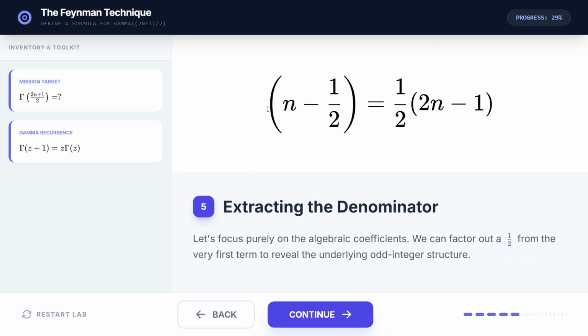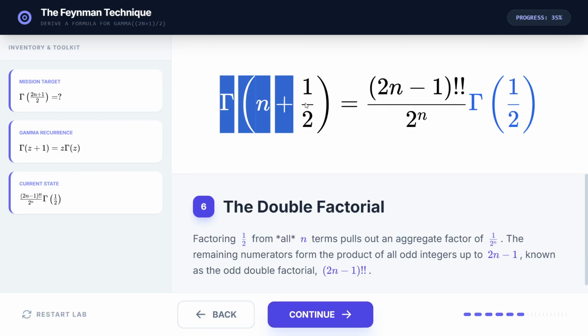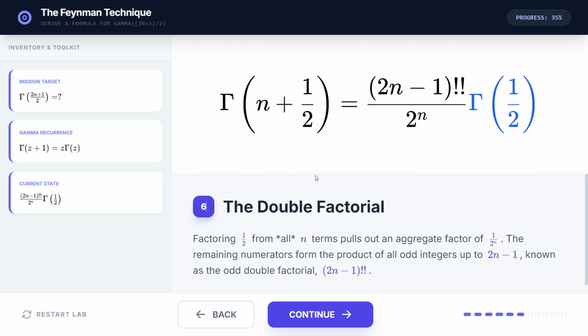And then let's just state that these are algebraically equivalent. All right, and now we can just write gamma of n plus 1/2 like this. This 2n minus 1 double factorial, some of you might not be familiar with the double factorial notation.